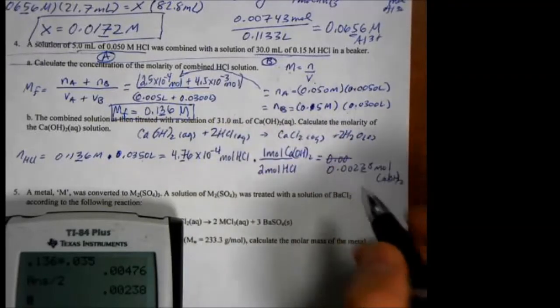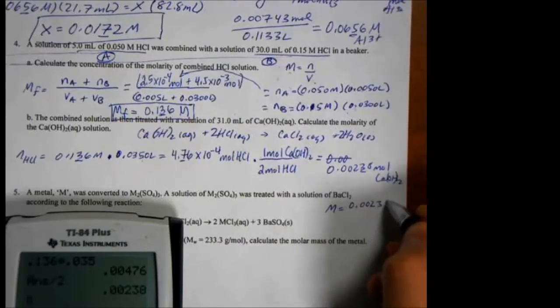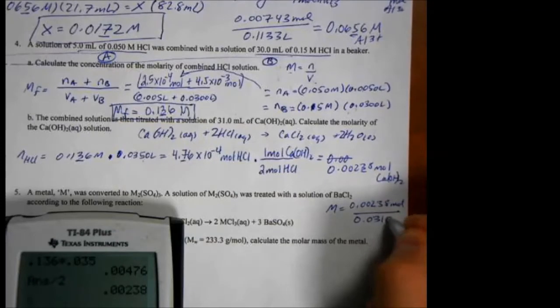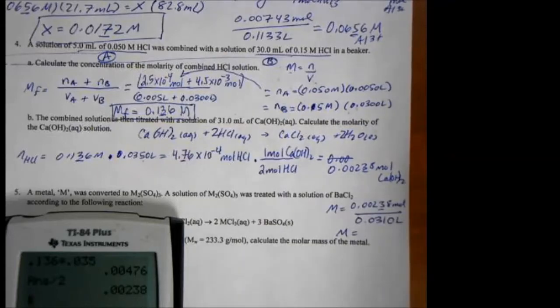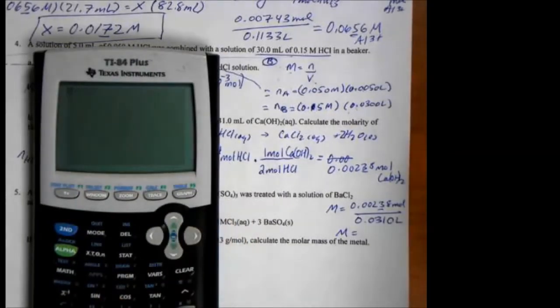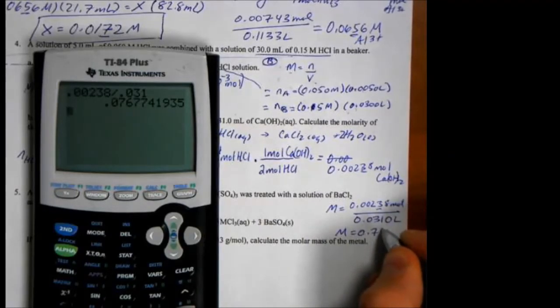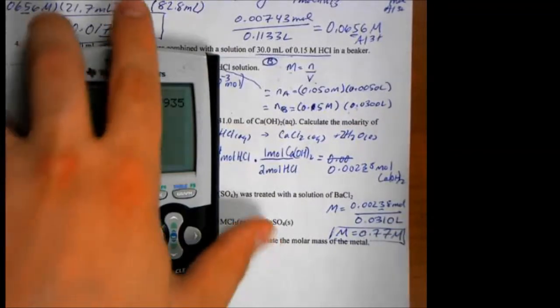So the molarity is 0.00238 moles divided by the number of liters, which is 0.0310 liters. Doing this division, 0.00238 divided by 0.031, I get 0.77 molar. Okay, so that's all that you had to do for that one.